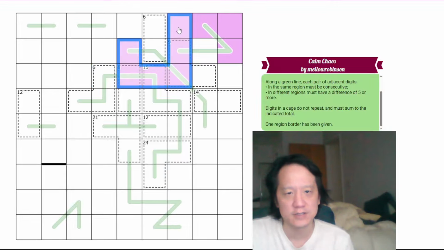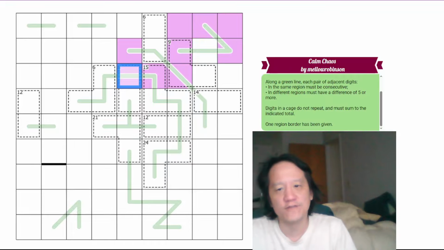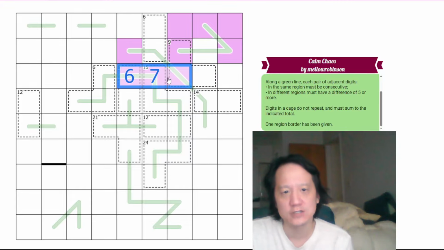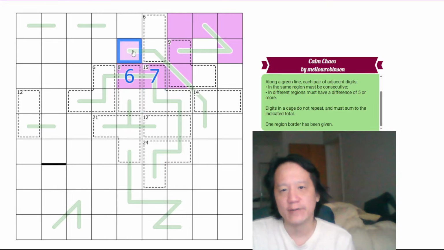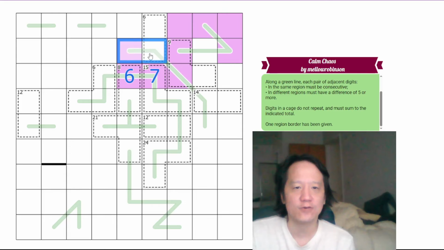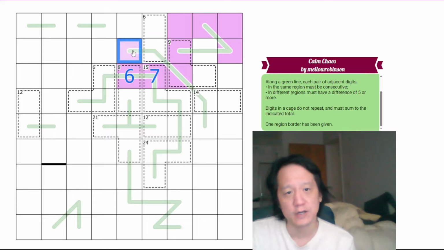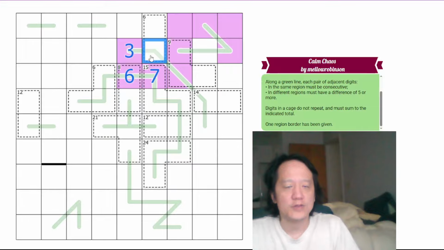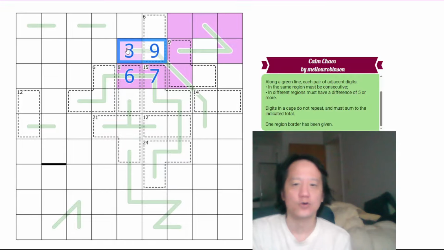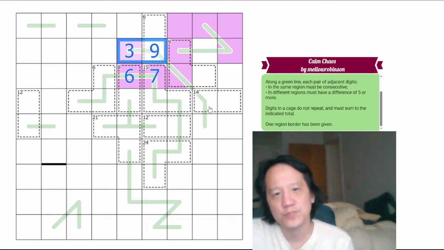For example, if this was a 6, this would have to be a 5 or 7 to make sure that these digits are consecutive. So they act sort of like a white Kropki dot there. If, however, they are in different regions, they must have a difference of 5 or more. So in this case, they would act like a whisper 5 line or a German whisper line. For example, if this were a 3, and this was in a different region, this would have to be an 8 or a 9, because those are the only digits which are 5 or more away from 3.